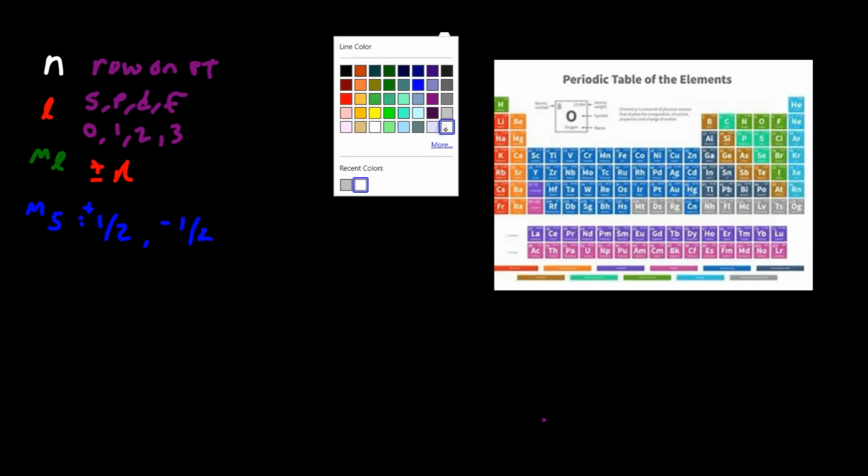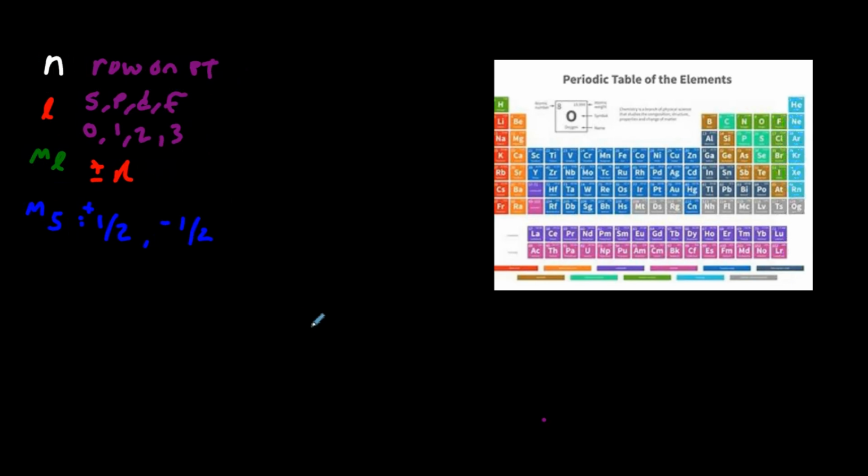So we'll have our energy levels 1s, 2s, 2p. Let's say we want to find oxygen's atomic quantum numbers. We'll have an N value, an L value, an ML value, and an MS value.